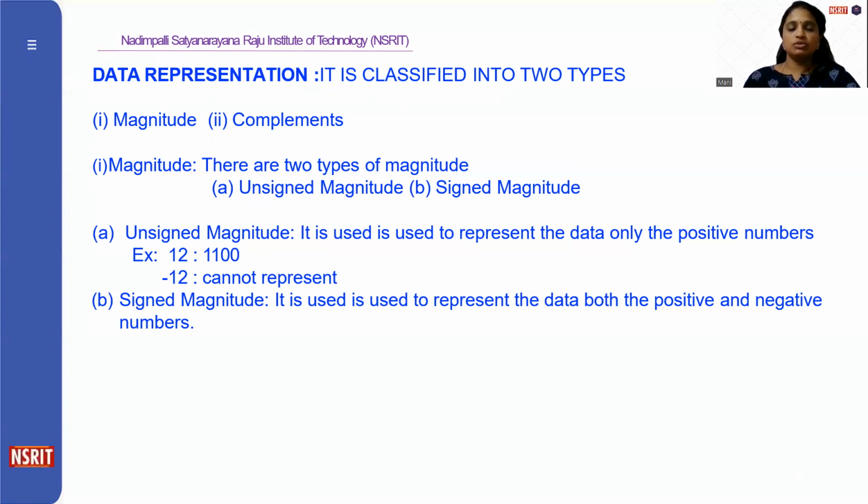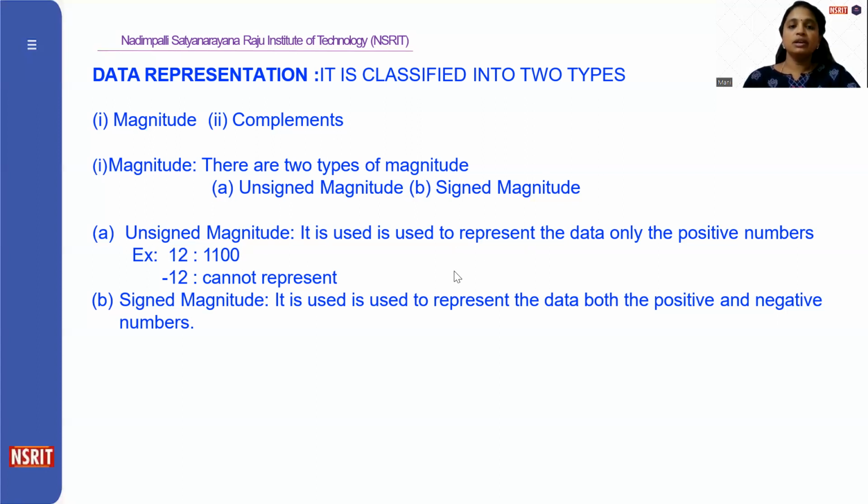Unsigned magnitude is used to represent data only in positive numbers. By using unsigned magnitude, we can represent a positive number only. We cannot represent negative numbers. The name itself indicates that this is an unsigned magnitude: there is no sign for this number.